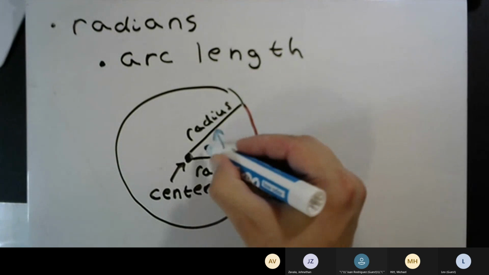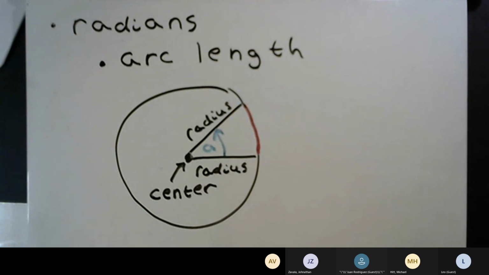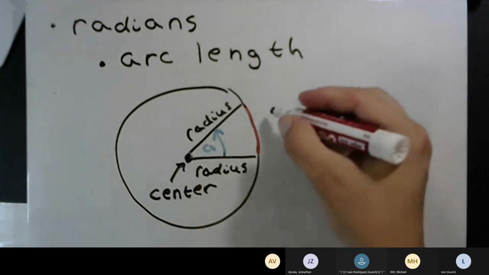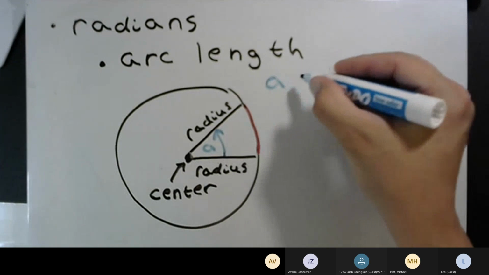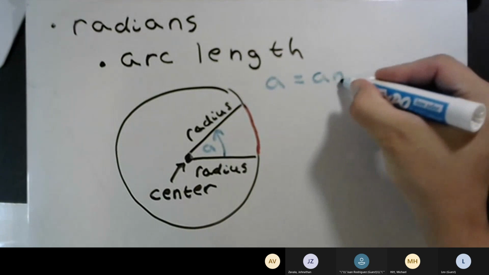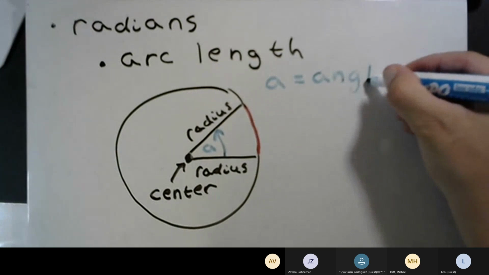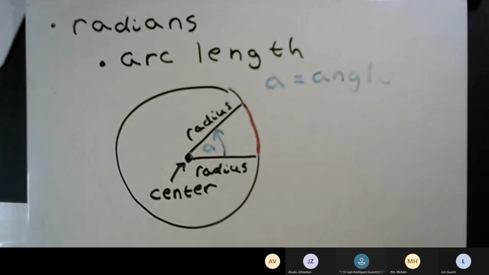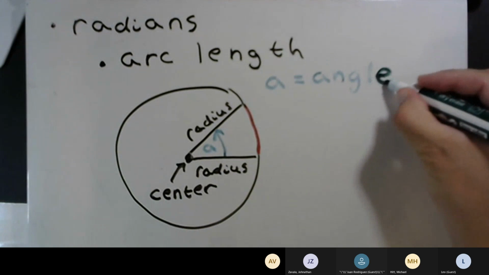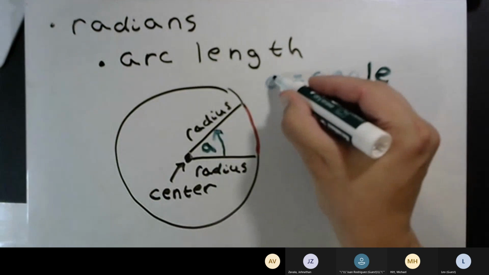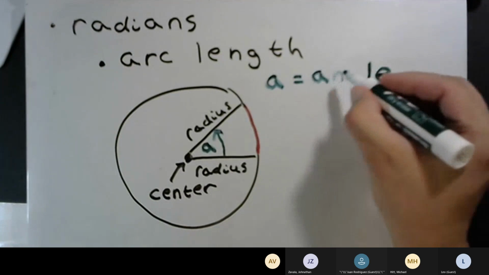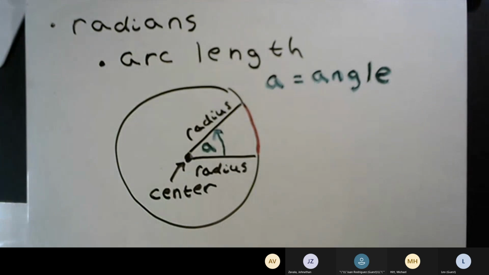So the amount of rotation, I'm going to call this A, as a measure of the rotation. So that's our angle A.